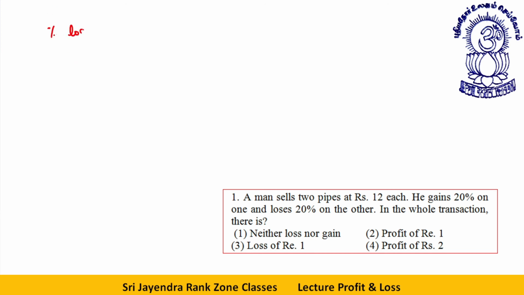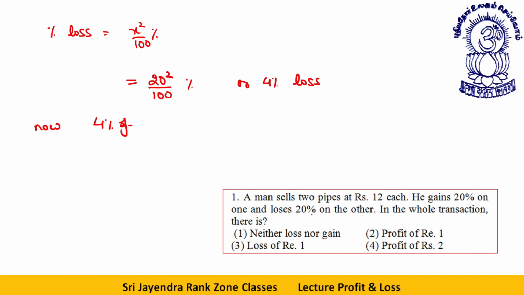percentage loss. X square by 100%. Okay. This will be what? 20 square by 100%, or 4% loss. Okay. So now this loss is 4% of how much amount? A man sells two pipes at rupees 12 each.